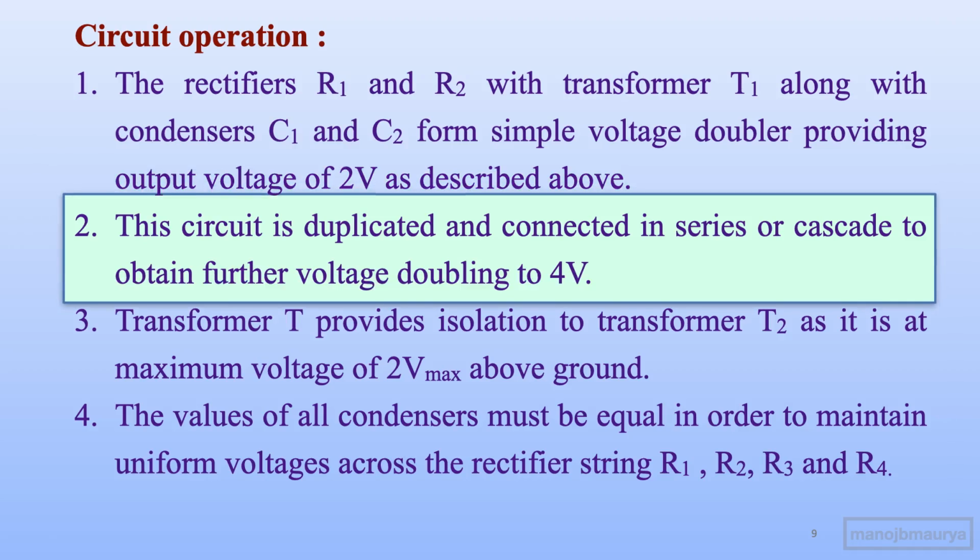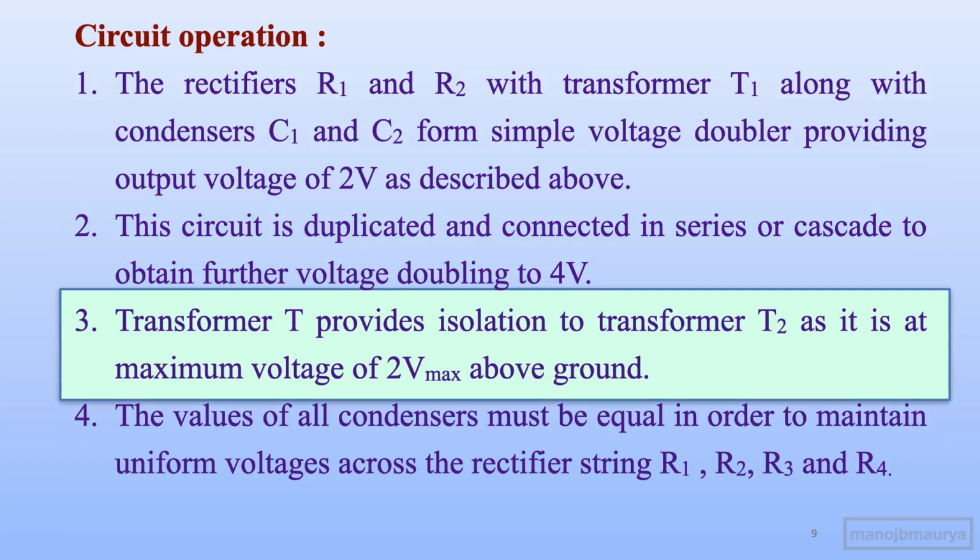This circuit may be duplicated and connected in series or cascade to obtain further voltage doubling to 4V. The transformer T provides isolation to transformer T2 as it is at a maximum voltage of 2V max above the ground potential.